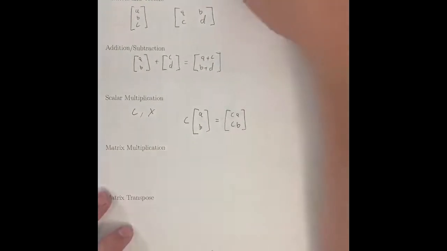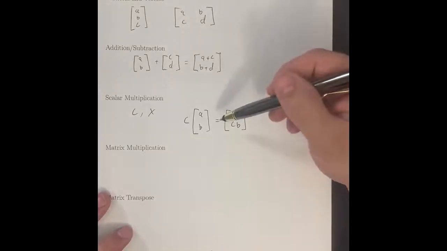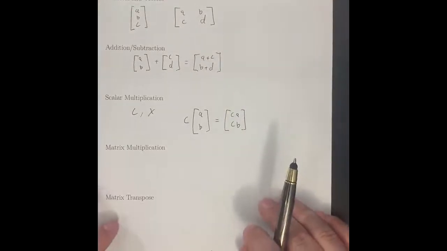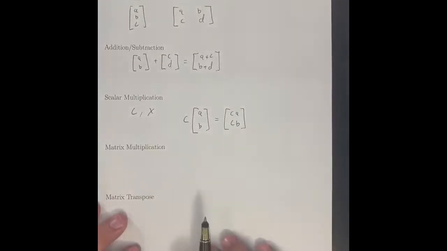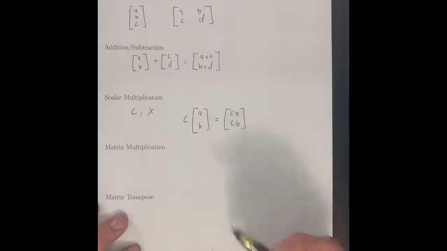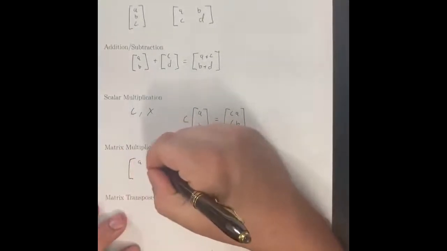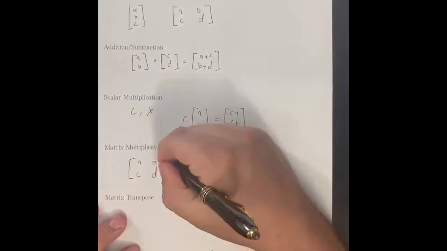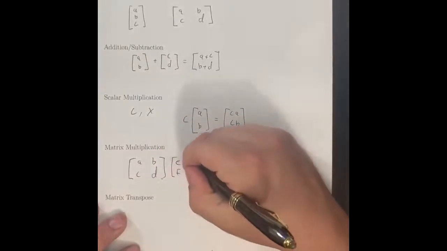Okay, here's where it gets a little different. So that's pretty much normal how we think about addition and multiplication. But if we want to multiply matrix and vectors together, they need to have the right shape. So for example, we can multiply a matrix (a, b; c, d) by a vector (e, f).